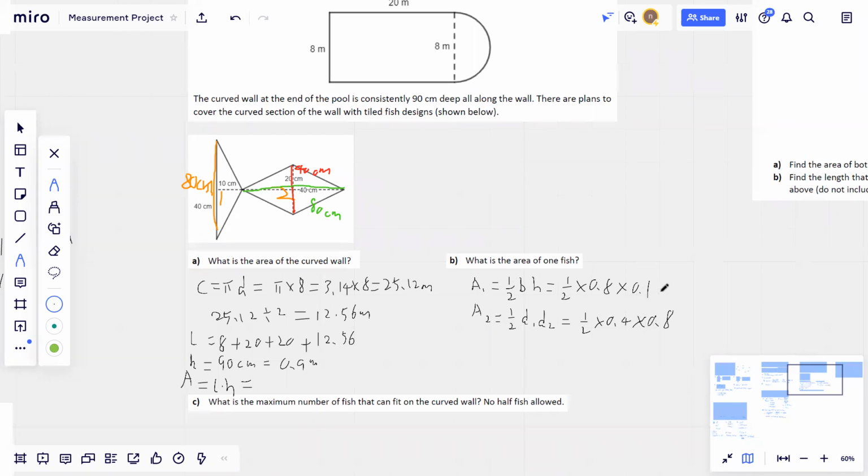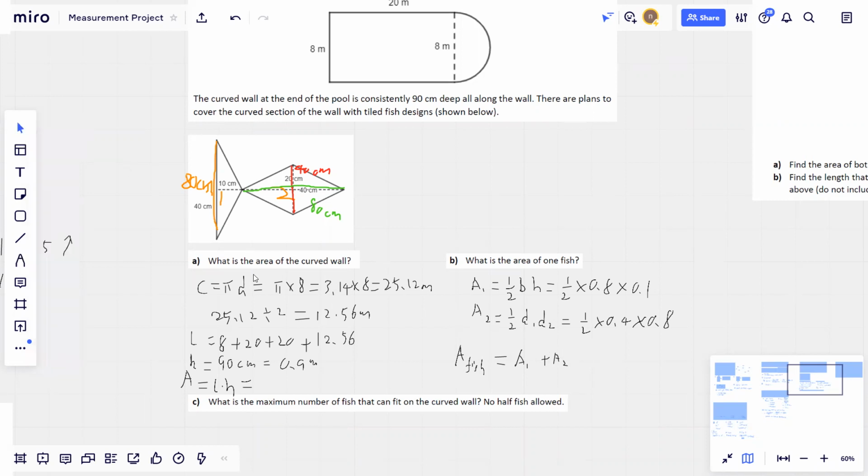Then you do the calculation. And for the total area, for the area of fish, I just write area of fish. That would be A1 plus A2. Then you can do the calculation by yourself.